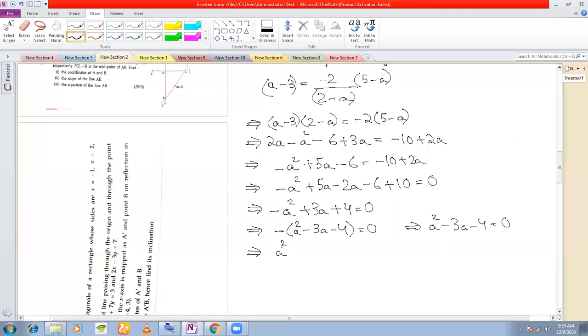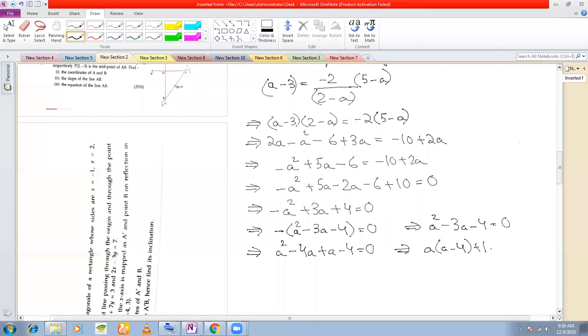Now you solve this quadratic. A square, by factorization we can solve, minus 4a plus a minus 4. That means a into a minus 4 plus 1 into a minus 4.